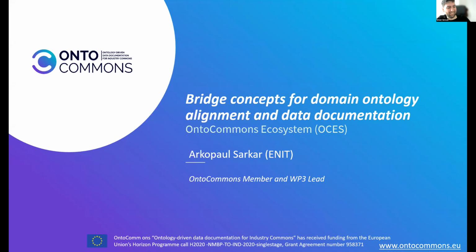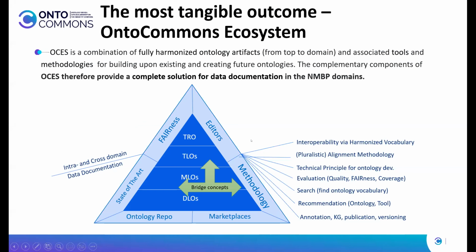It is mainly Francesco, but I'm just trying to make a small introduction to set up the concept before we rigorously go into the bridge concept and then lay it out. So where the bridge concept comes in, as you all know, the most tangible outcome of OntoCommons is the OntoCommons ecosystem, or OCES, as we call it.